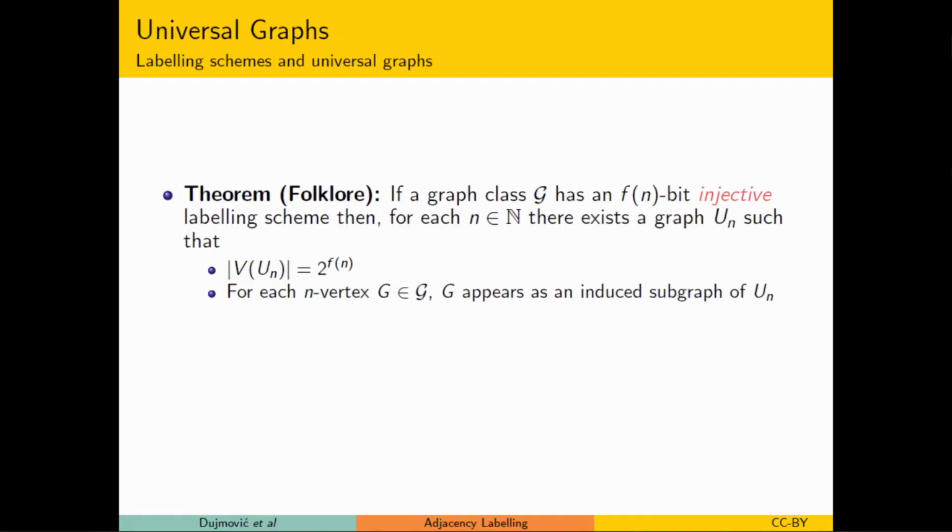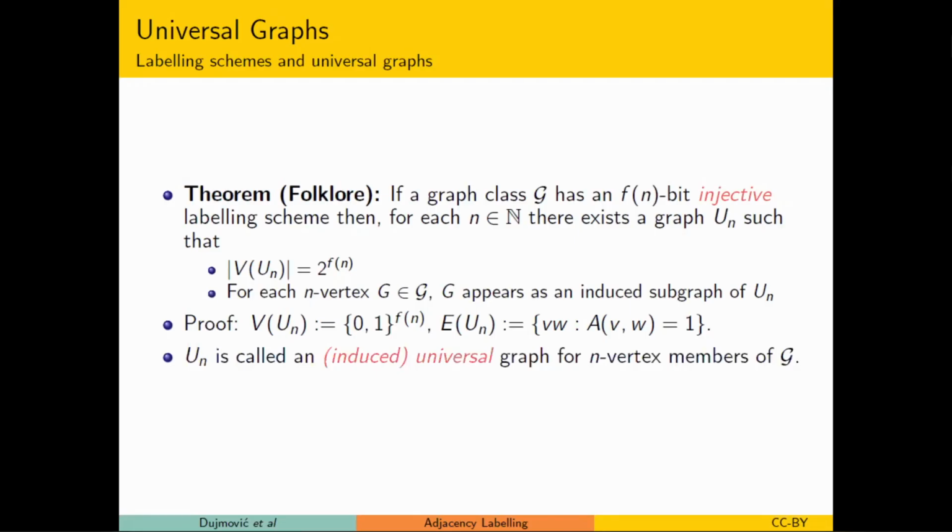And the proof is kind of trivial. The vertices of the universal graph are the bit strings of length f of n, and there's an edge present if the adjacency tester tells you the edge should be present. That's how you define it. Okay, and that's all I will say about this. We'll really talk about adjacency labeling for the rest of this.